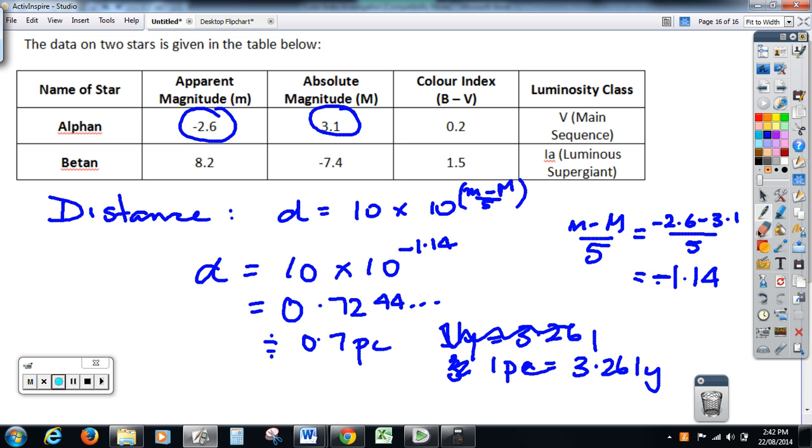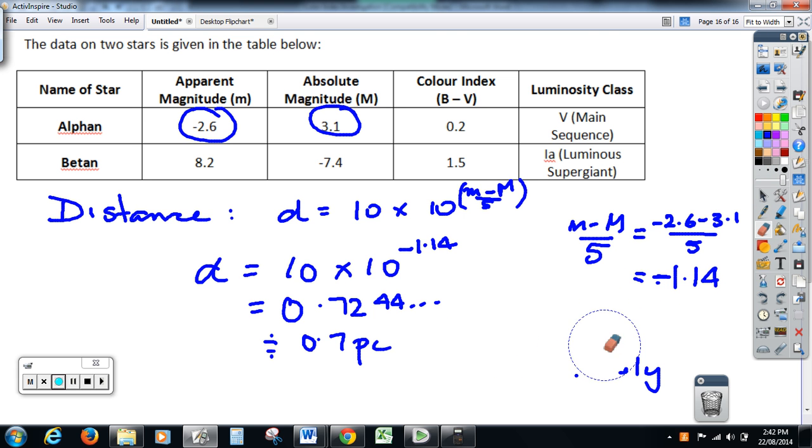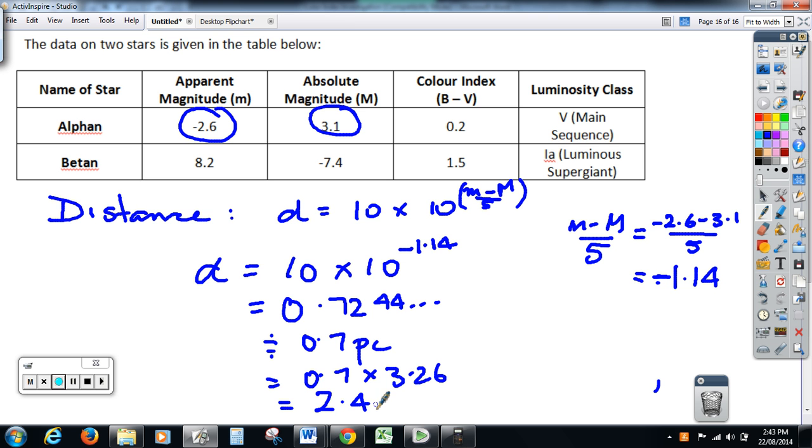That makes much better sense. So now I've got that information, I can just multiply this number, 0.7, by 3.26, and I've got that in light years, which is 2.4 light years.